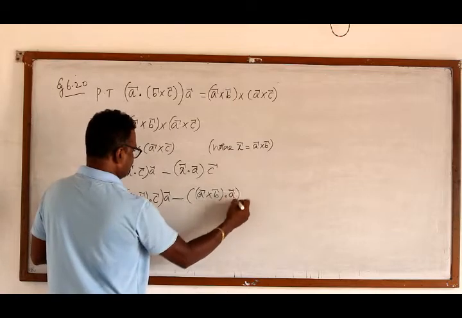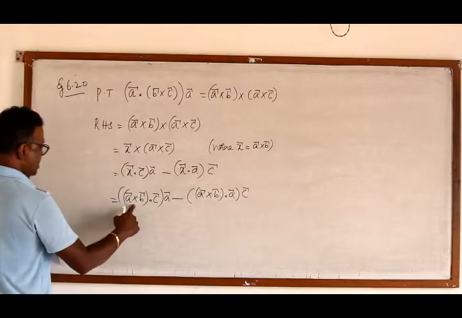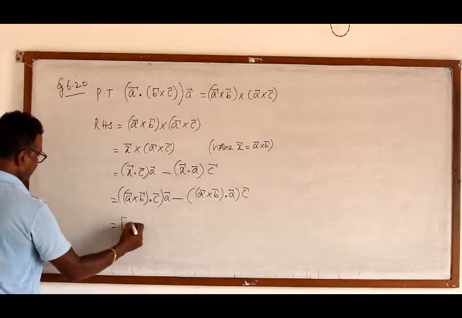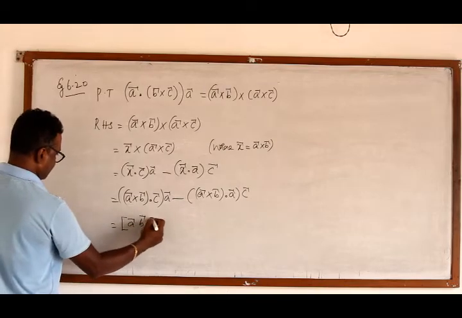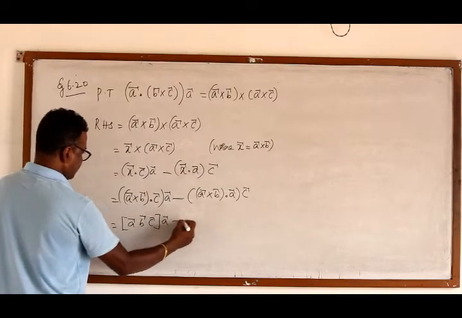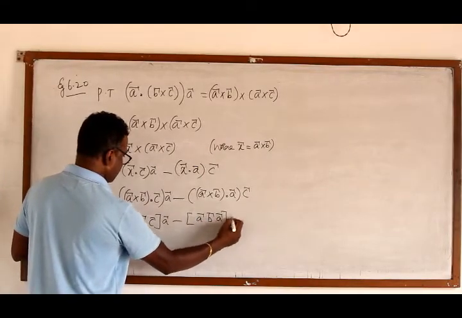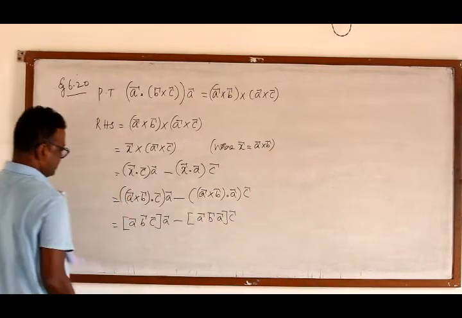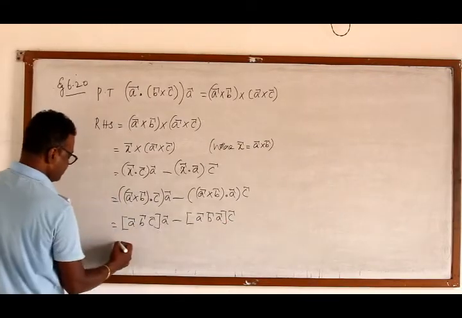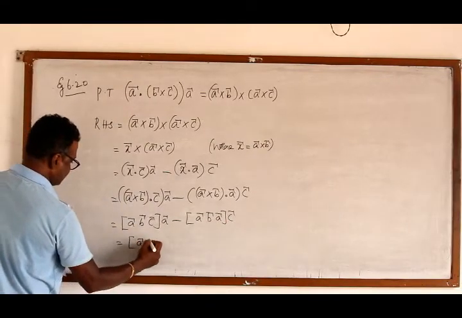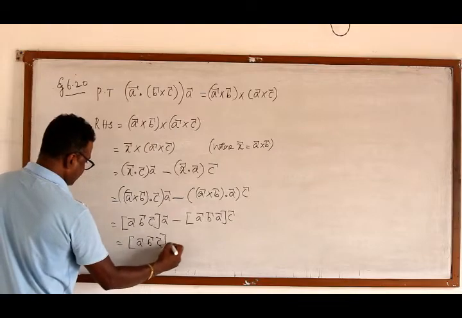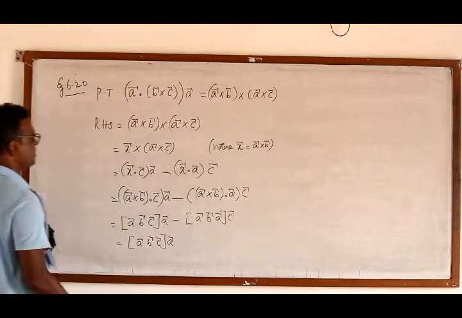dot A) into C. Now 1 dot 1 cross means it is box product. So ABC into A minus ABA into C. One vector is repeating, so this box product will become 0. So it is ABC into A only, and this will become 0.